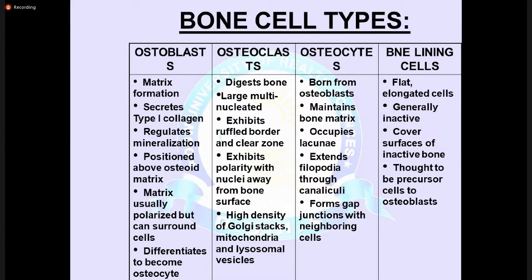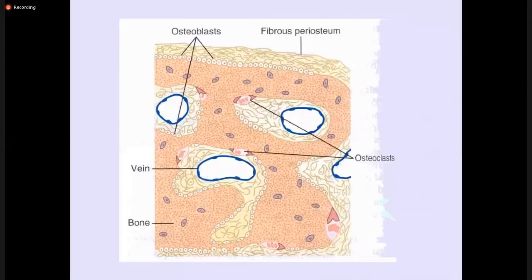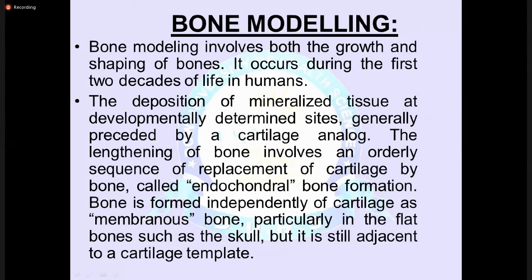Then the fourth type of cell is the lining cells, which are flat elongated cells, generally inactive, and they cover the surfaces of the inactive bone. So you can see here the main types of bone cells, the osteoclast and the osteoblast. So what is bone modeling?